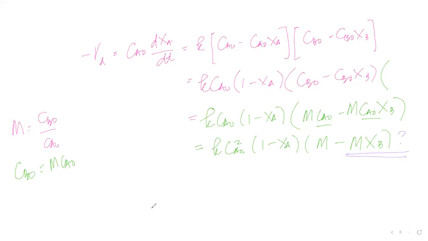So we can just change the CBO XA to CAO XA. The premise, miss, is that the amount reacted of A and B are equal.